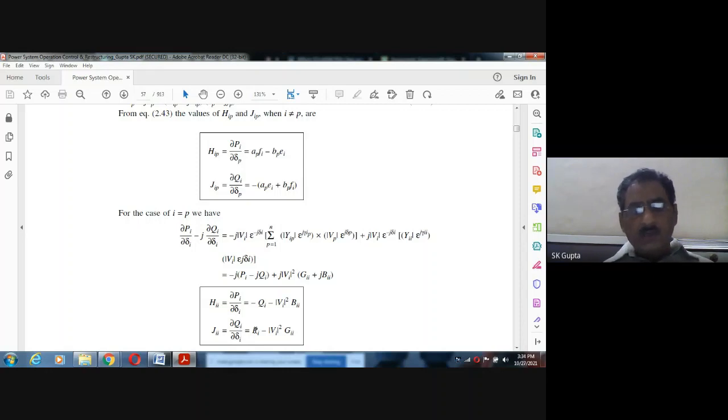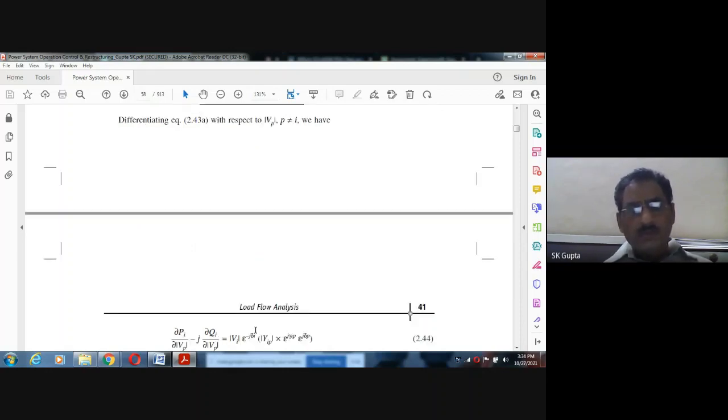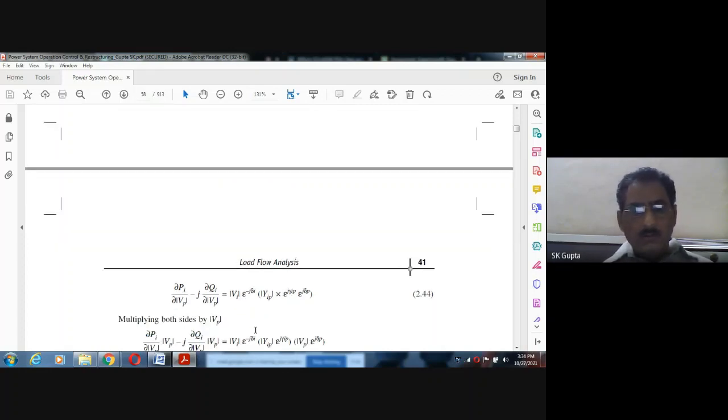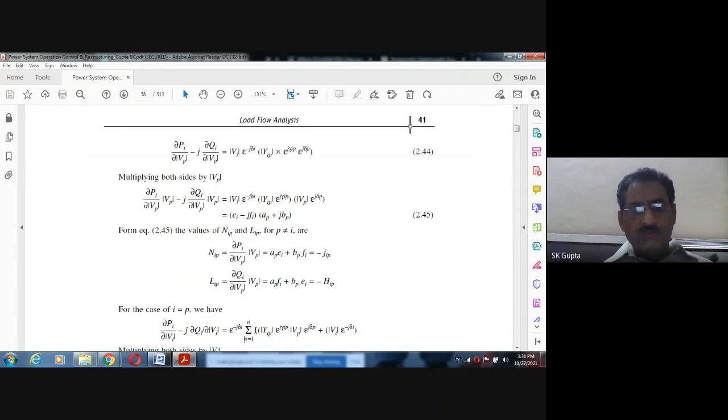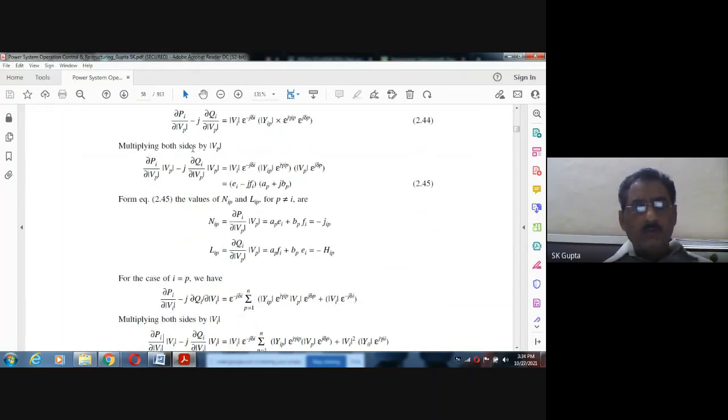What was the purpose? We should find out the diagonal elements and off-diagonal elements of H and J. Then we will differentiate that equation with respect to voltage, the same equation again. If you differentiate that equation with respect to voltage Vp, then we will differentiate this equation with respect to voltage.